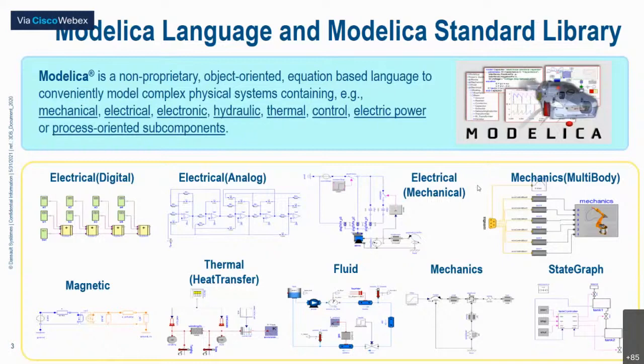The Modelica standard library consists of a standard set of packages. You have the electrical package, the mechanics package, the magnetic package, the thermal package, the fluid package, and state graph. Individually, each of these packages consists of a set of components.